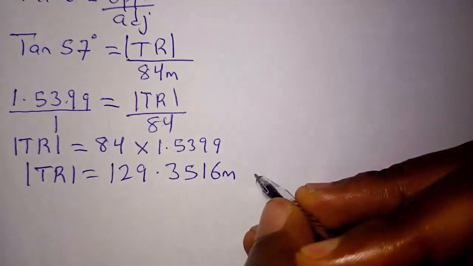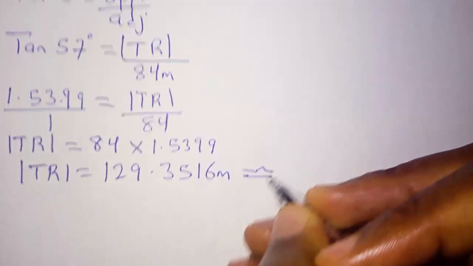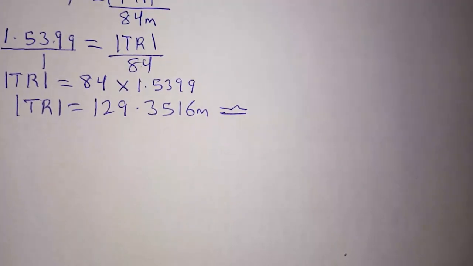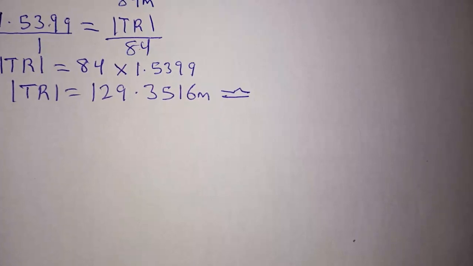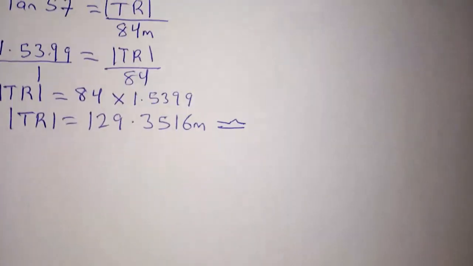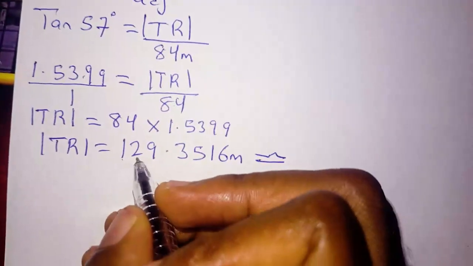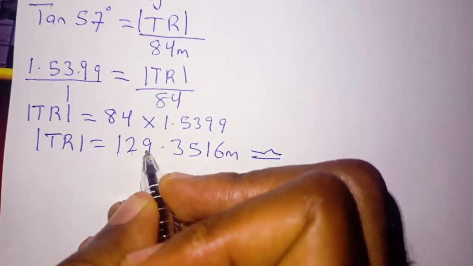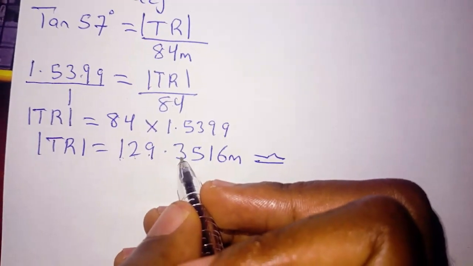So this is going to be approximately equal to, to 3 significant figures as we have been instructed in the question. Significant figures basically are non-zero numbers, though zero can be significant in some cases. Perhaps there's going to be another video for approximations. So this is the first significant figure here, the second, and the third. You have the first 3, 1, 2, 3. All we have to do is to consider the one that follows, which is the fourth.